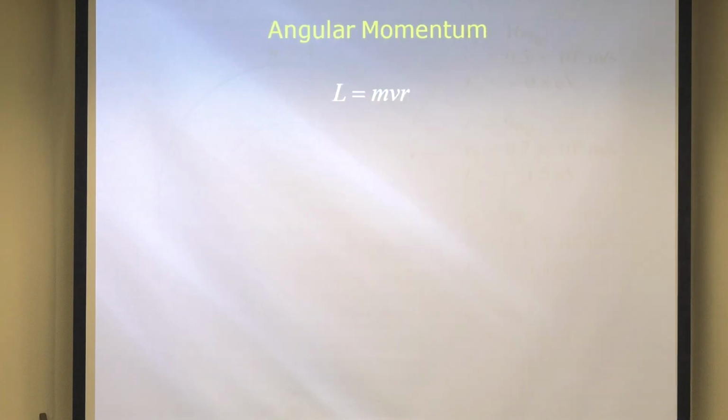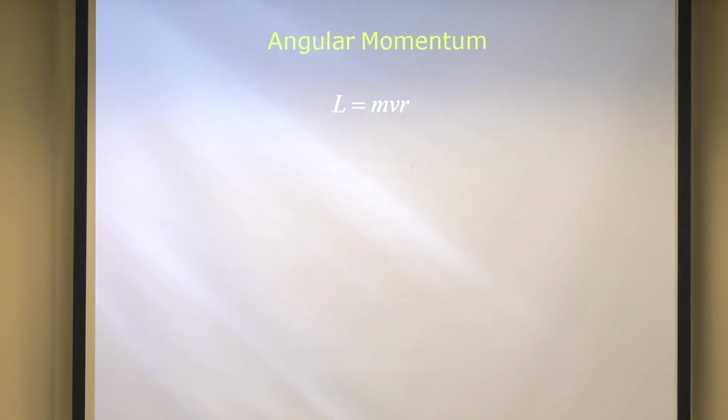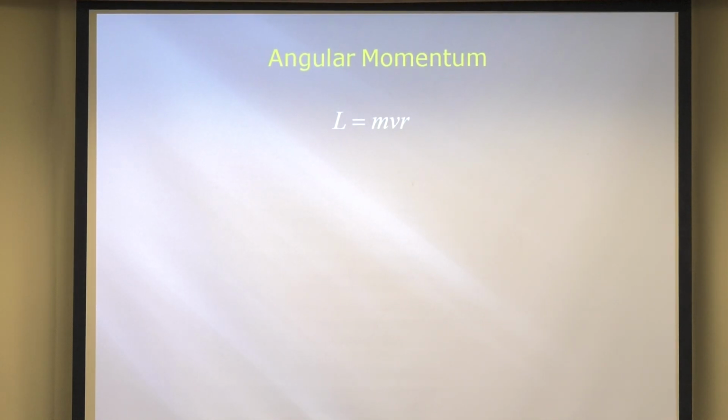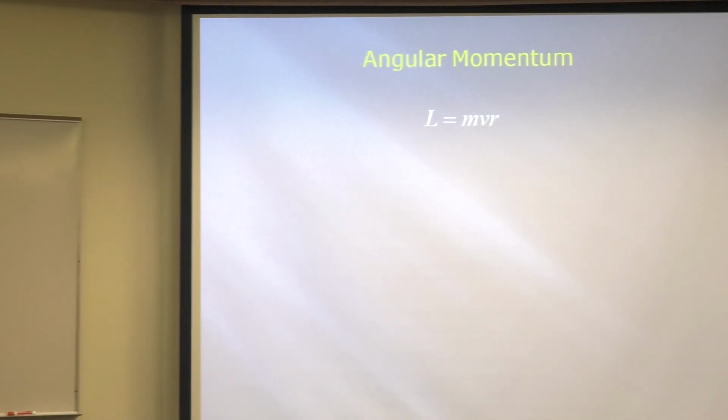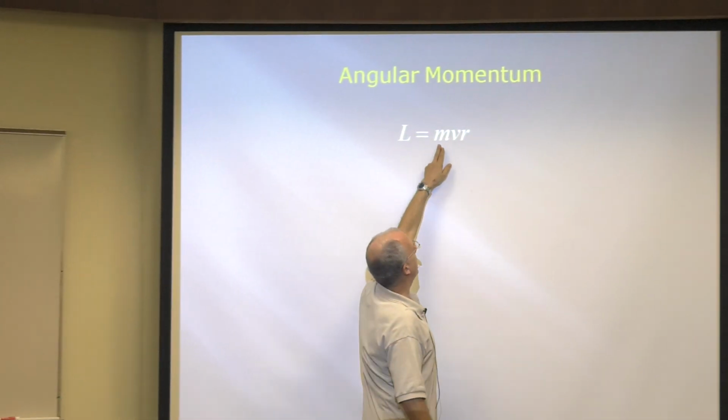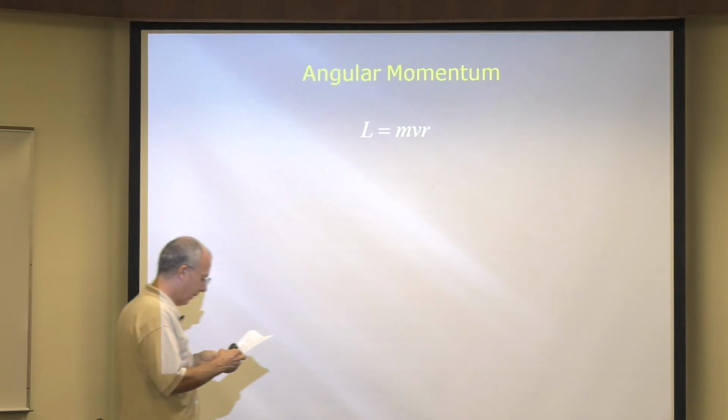Okay. Now, let's talk about angular momentum. So classically, angular momentum is just uppercase L, and it's the mass times velocity, that's just the linear momentum, times the radius, right? So you're thinking of a circle of radius r, and the object's going in a circle. So the angular momentum is the linear momentum, mv, times the radius of the circle.